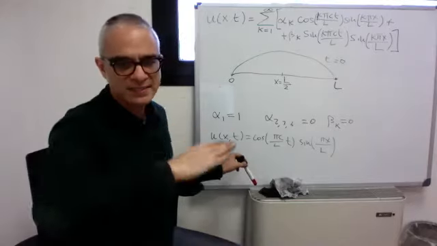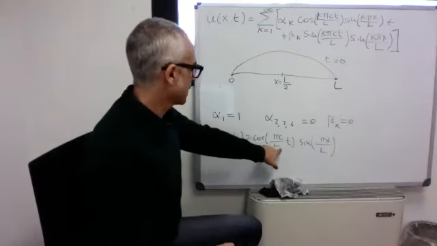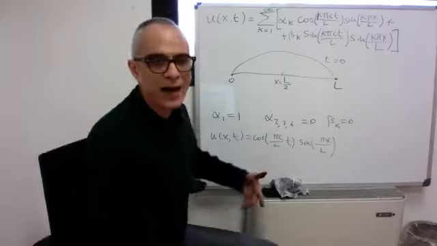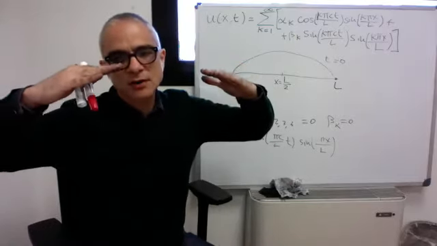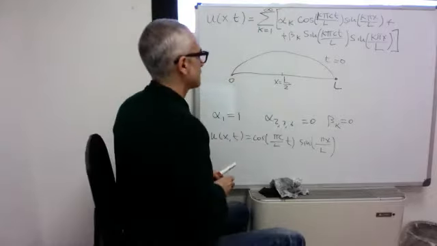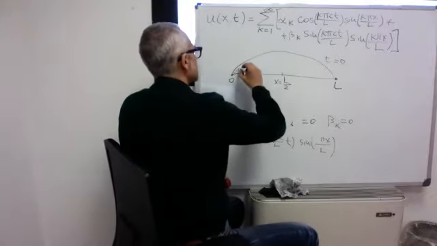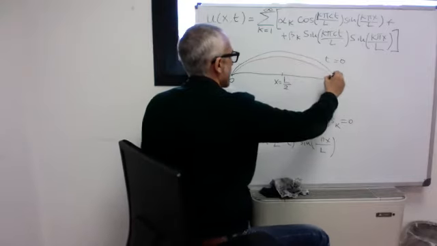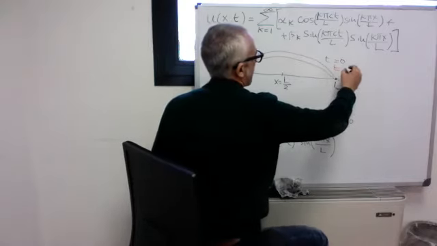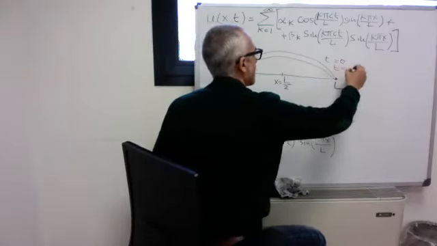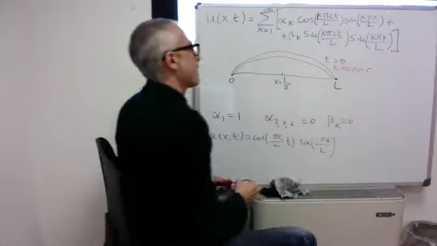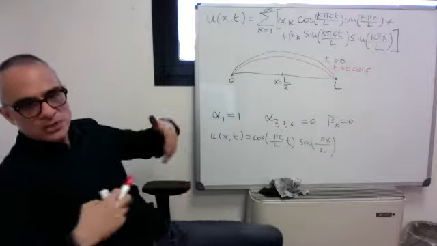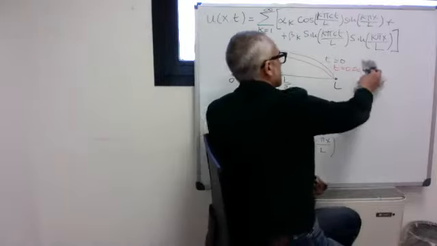As time passes, the cosine here, which is 1 at time equals 0, will take a slightly smaller value. So at time equals 0.01, I'm just writing 0.01 like that.